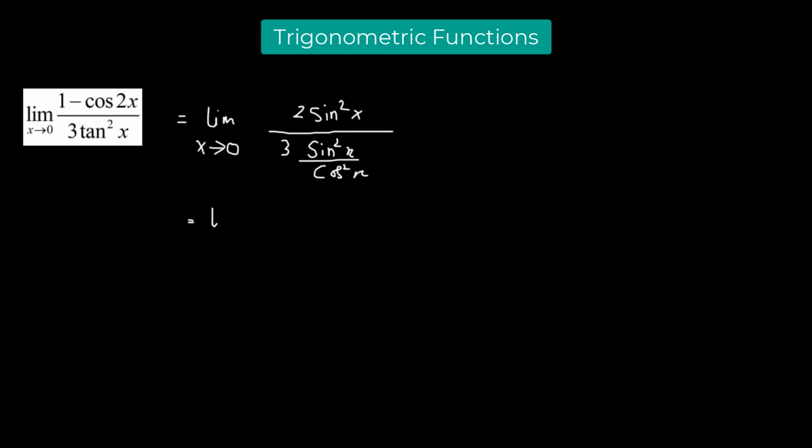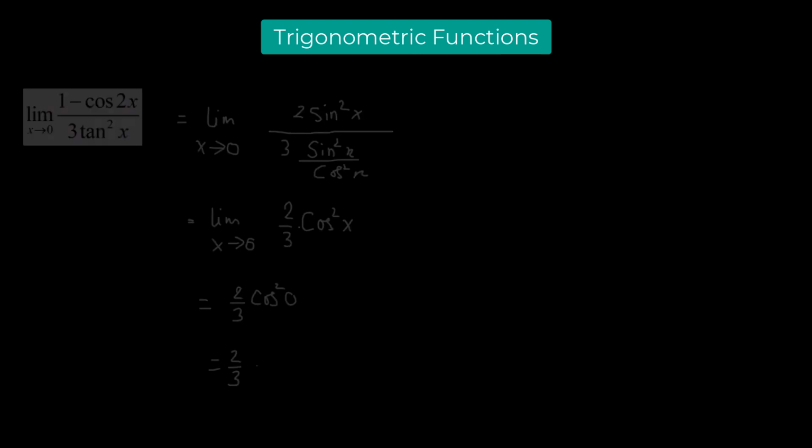So that will be simply limit x tending to 0. So we have sine squared x in both the numerator and the denominator. So we have 2/3 of cosine square x. So when we substitute for the value of x, we have cos square 0. So this gives us 2/3. So this is going to be the limiting value of the given function when x approaches 0.